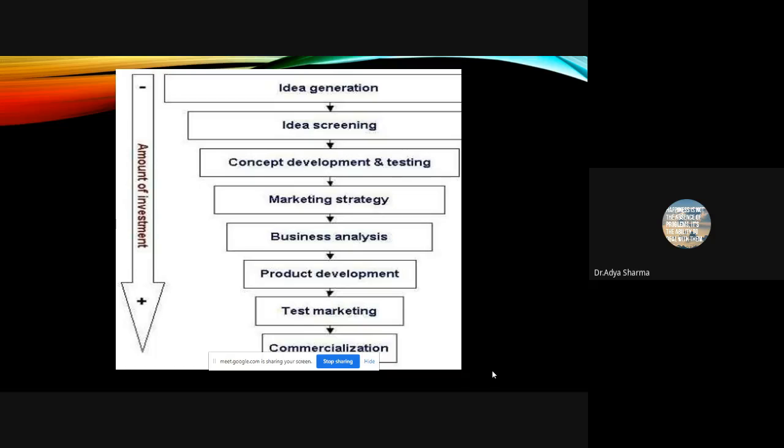You develop the product then. You do the test marketing. Again, even after developing the product, we don't just go into the market. No, we do test marketing. What is test marketing? Test marketing is when you take a smaller market which represents your actual market and test your product.